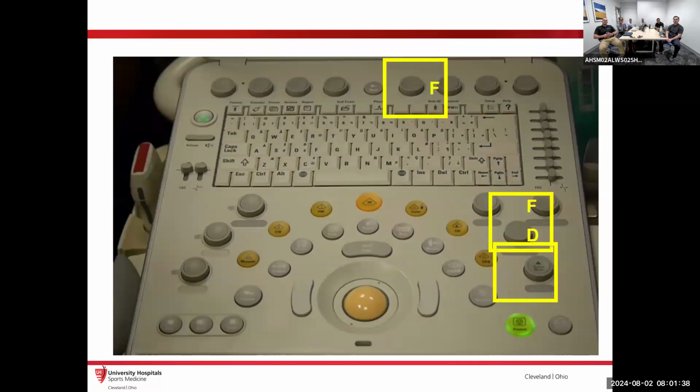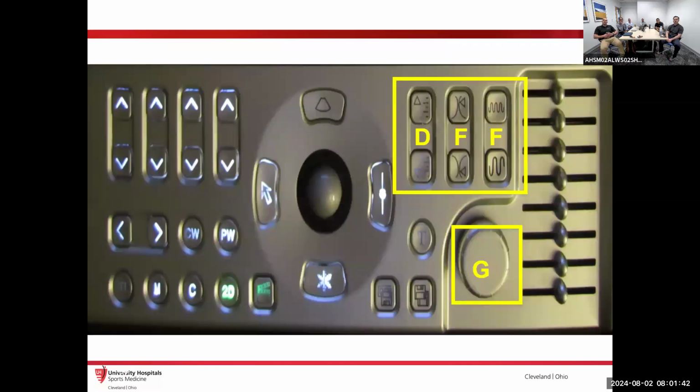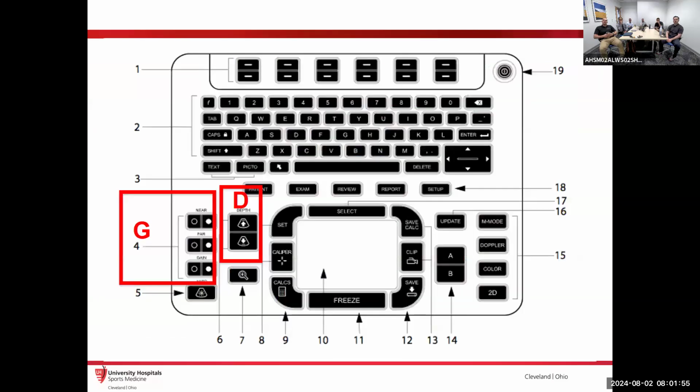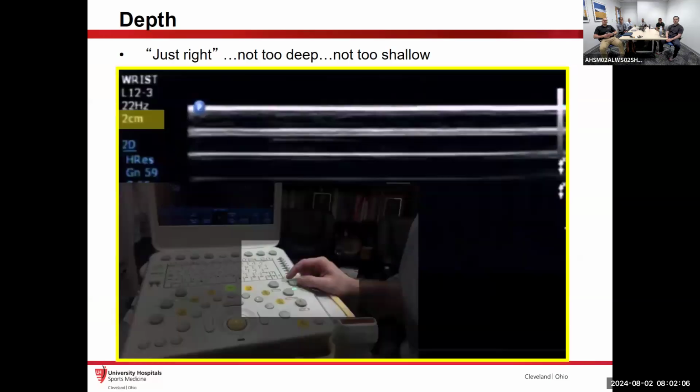Frequency, focus is up there, and then gain is down there. This is another one, I don't know which one it is, but depth, frequency, focus. You can see focus is north and south, frequency is sound waves, and then the gain is down below. This is an older Sonosite, and really all you could adjust with the Sonosite was the gain and the depth. You really couldn't do anything with frequency and focus.